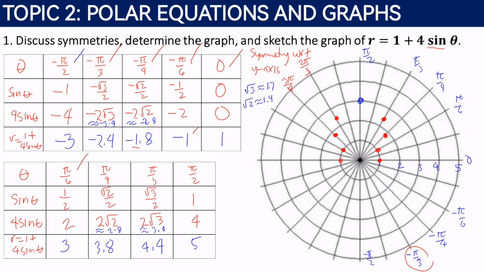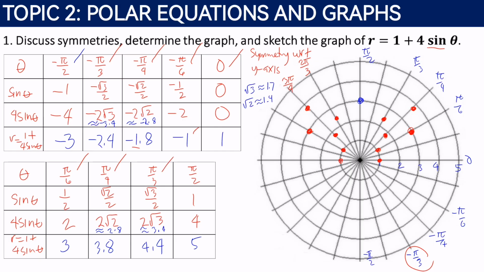Okay, next. Pi over 6. Pi over 6, 3. So, 1, 2, 3. So I should also have a point 1, 2, 3 here. Is this a 3? Yeah, this is 3. Then pi over 4, 3.8. Pi over 4, 3.8. So I have a 3.8 here.